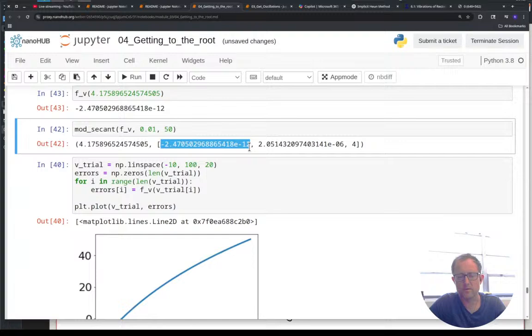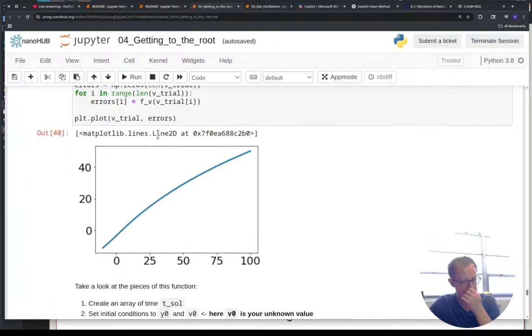So this is the actual value, and then this is the error that we ended up with, or maybe that's a relative error. Anyway, the main thing is how many iterations did it take. Mod secant, Newton-Raphson, it's usually very quick. 4, sometimes 7, but very fast methods.